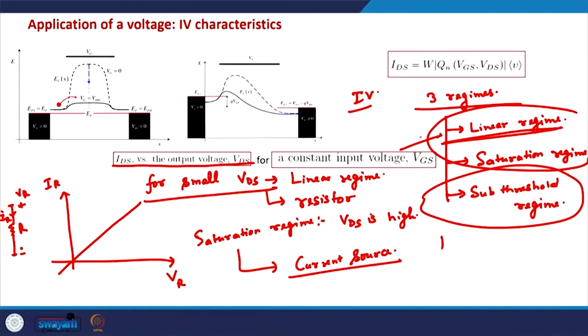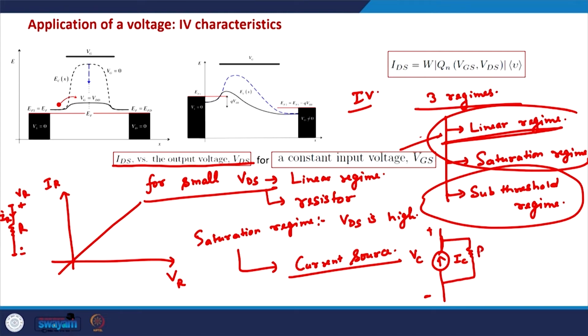So a current source typically looks like this. If this is having a current IC, this IC will be independent of any voltage that is applied across this current source IC.